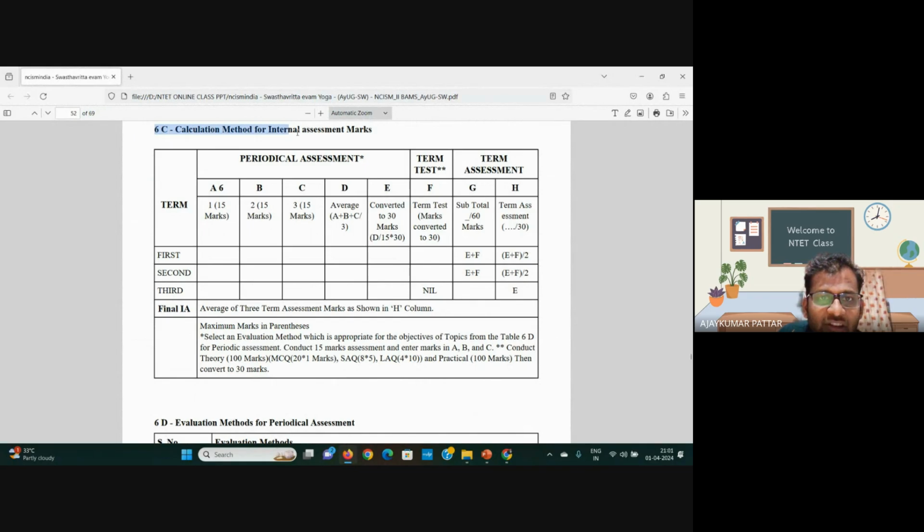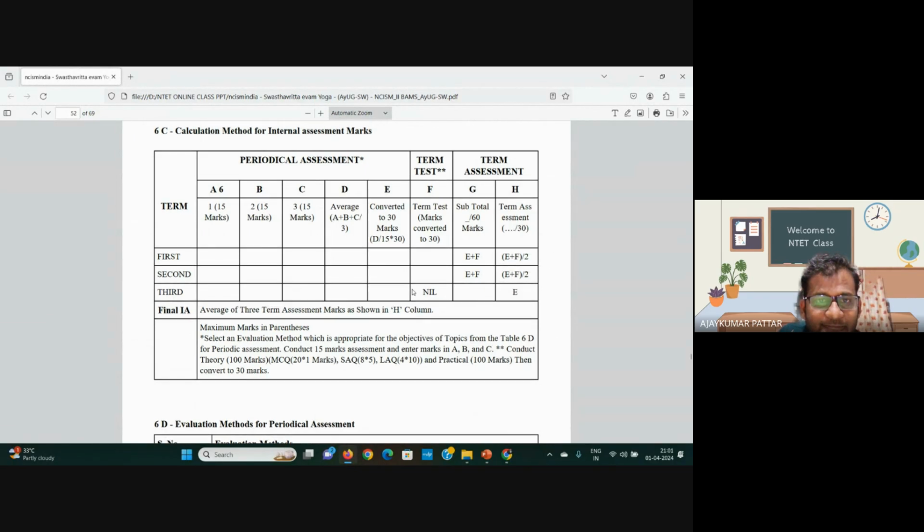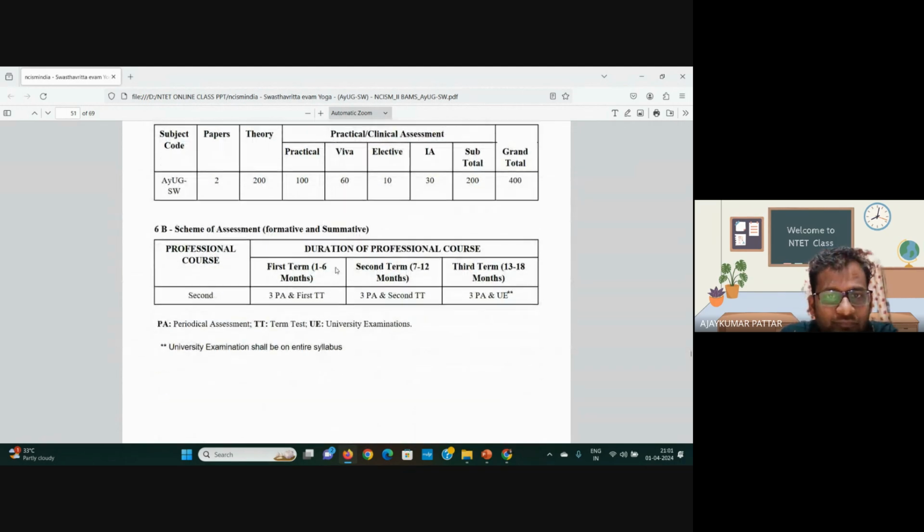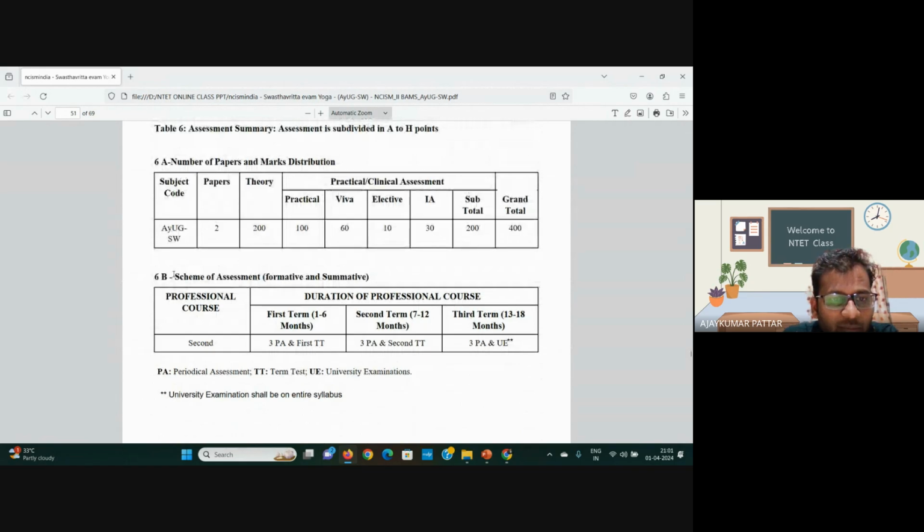6C, calculation method of internal assessment marks. See from this scheme of assessment, formative and summative. For the professional course, second course, in the first term, from 1 to 6 months we take 3 periodical assessments and a first term test.